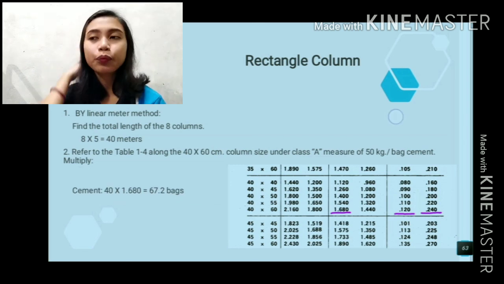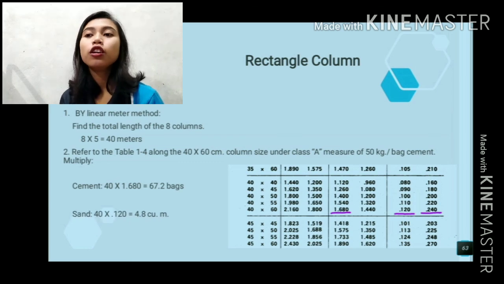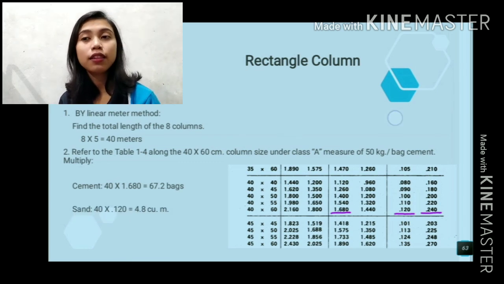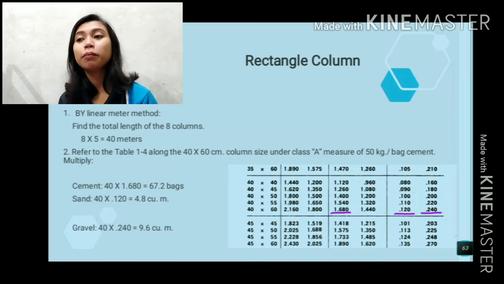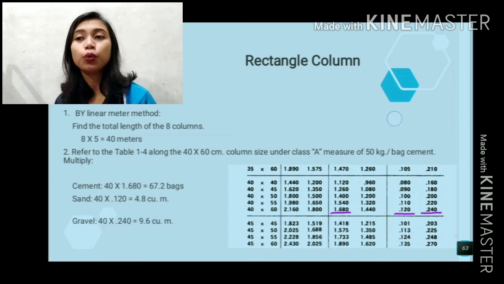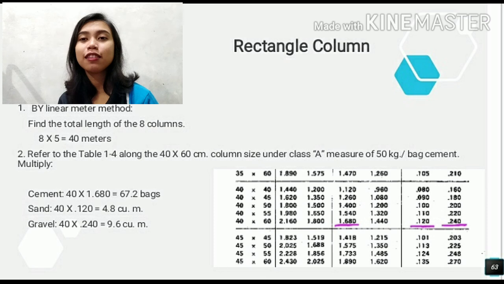And in number 2, next we'll refer to table 1 to 4, which is the quantity of cement, sand, and gravel for post, beam, and girder per meter length. So we'll solve along the 0.4 meter width of column by 0.6 meter length column size under Class A mixture of 50 kg per bag cement.